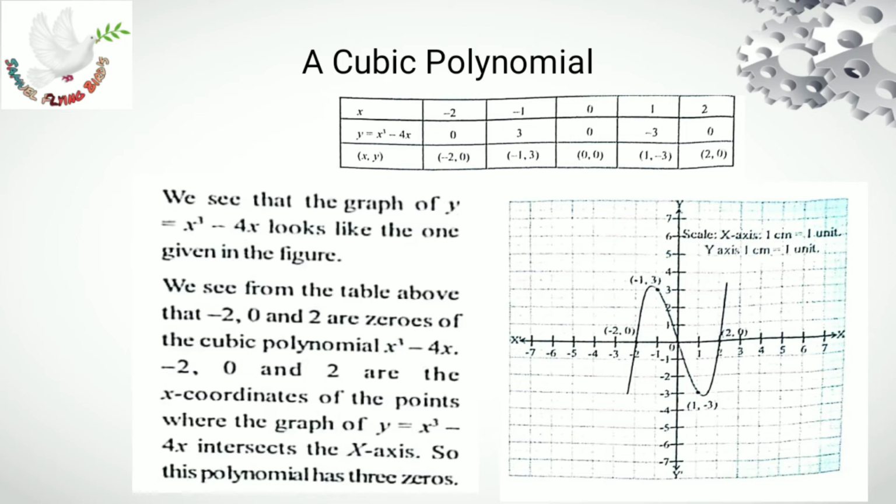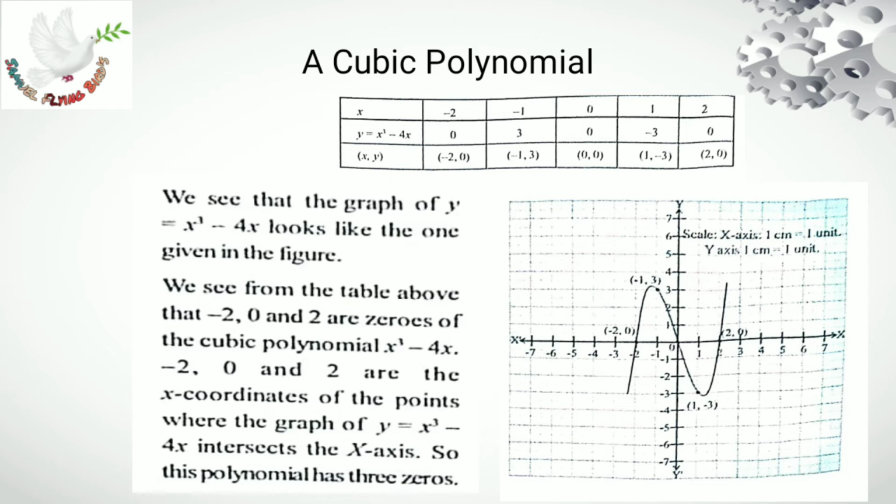where x is -2, -1, 0, 1 and 2. We have used the equation to find the value of y, where the points are found as -2 comma 0, -1 comma 3, 0 comma 0, 1 comma -3, 2 comma 0.